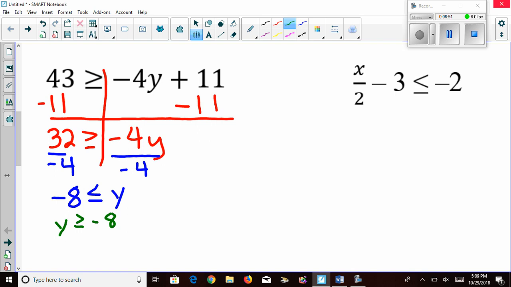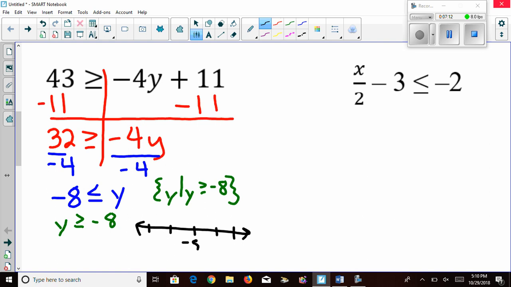I can then write it in set builder notation, say that my answer is any number y as long as y is greater than or equal to negative 8, and I can make my number line. Put negative 8 here, and this time I think I'm going to count by 2's. So negative 6 and negative 4 to the right.